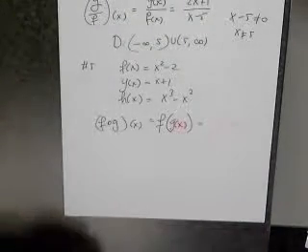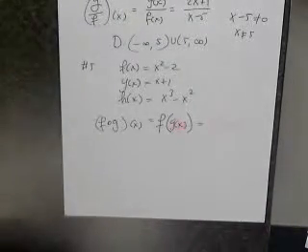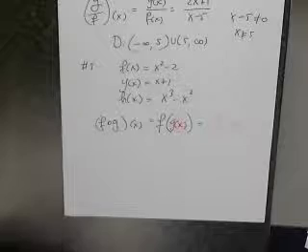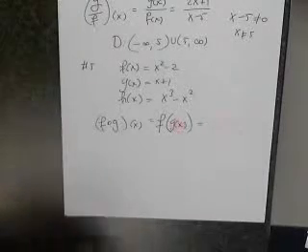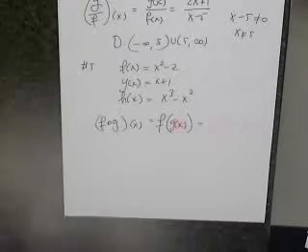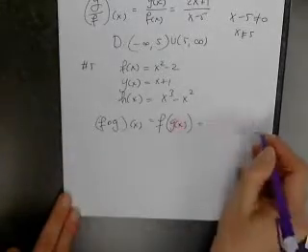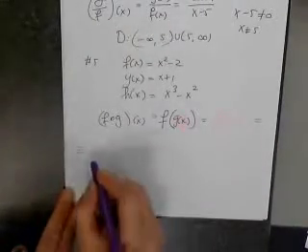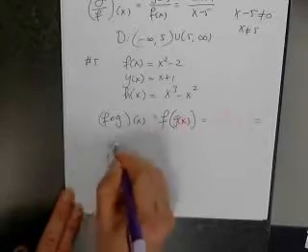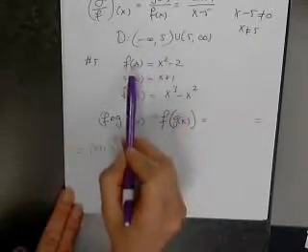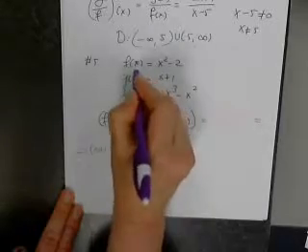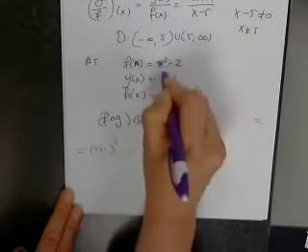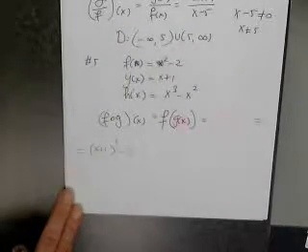Now I look at f. F says whatever squared minus 2. Please dictate. Give me the whatever squared minus 2. So f of whatever is whatever squared minus 2.